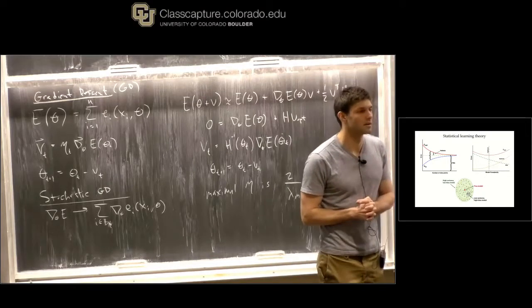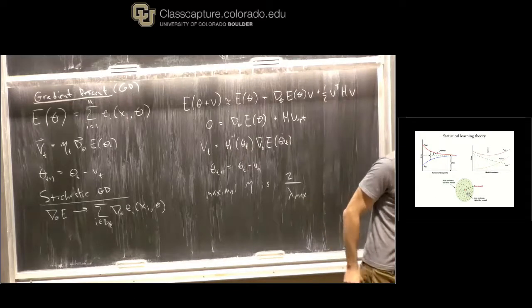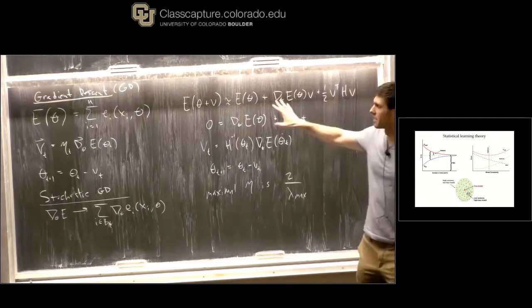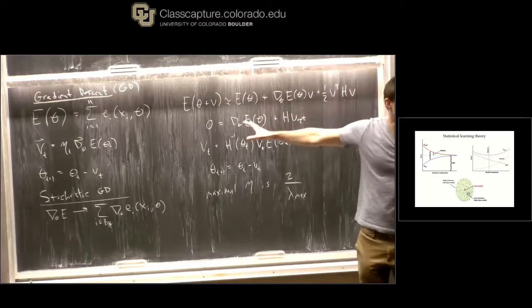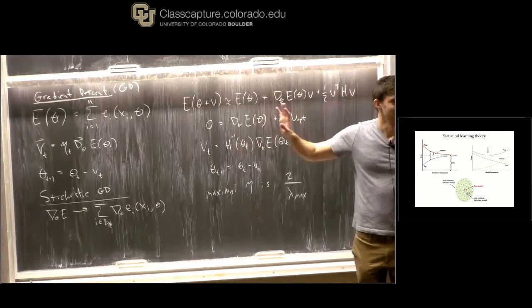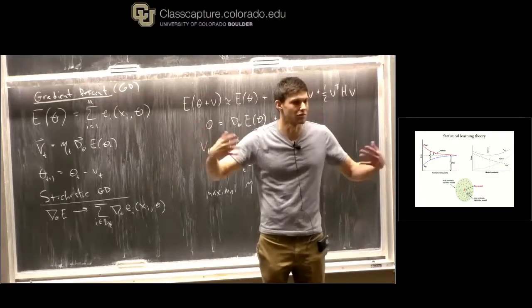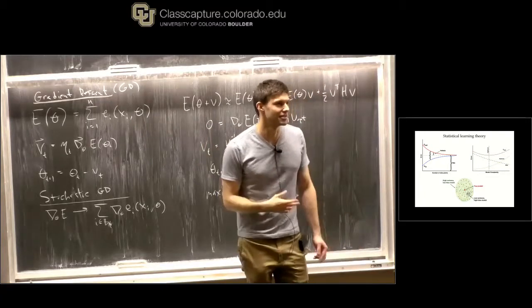Yeah. How much of this depends on the loss? So how much of this is specific to the squared loss versus? So everything I'm saying here, one of the reasons I'm talking about this so early on is I haven't made any statement about what the loss is, what the model is. This is just sort of general concepts in learning dynamics.